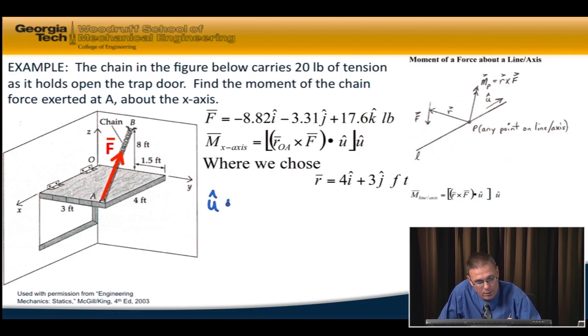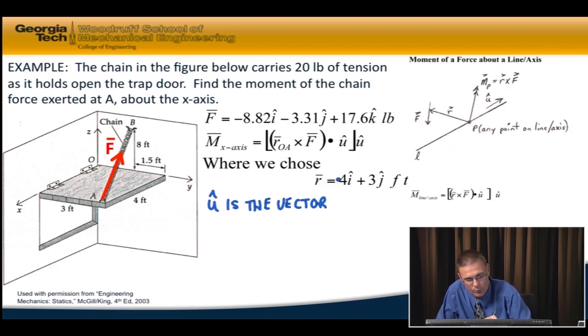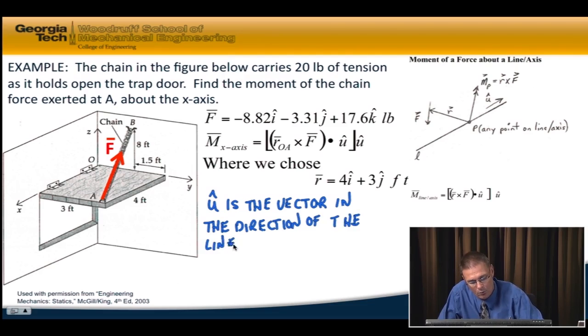So u is the vector in the direction of the line or axis, in this case the x-axis.